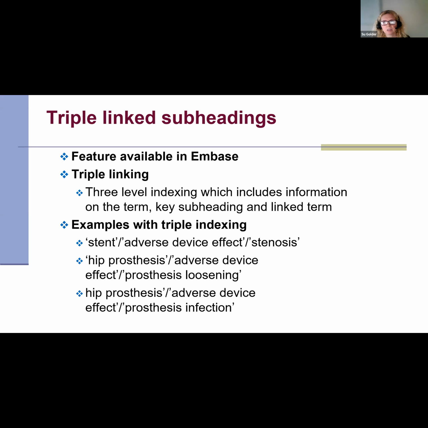You can also search on them in Ovid, but you have to know what indexing terms you're searching for. So you could just look at the bottom of a record, see a triple indexing, and click on it, and it would take you to the results of a search for that triple indexing. To be honest, I don't use it very often for systematic reviews because I like floating my subheadings, and I've got Ovid here.